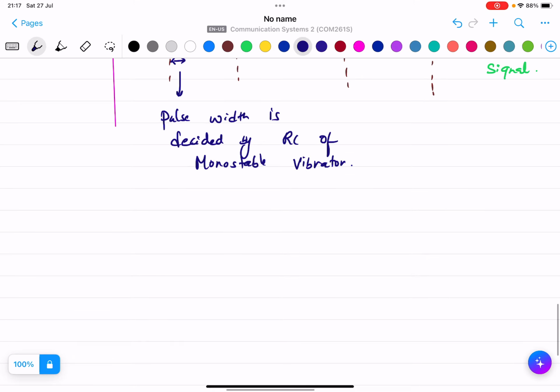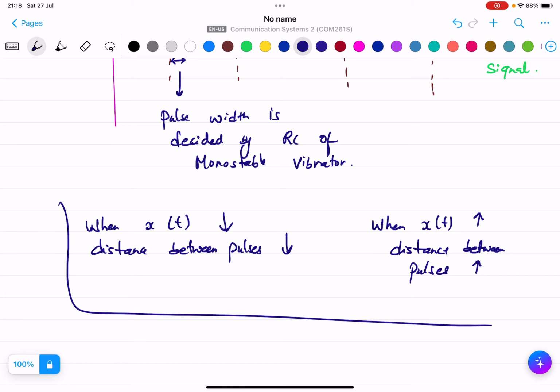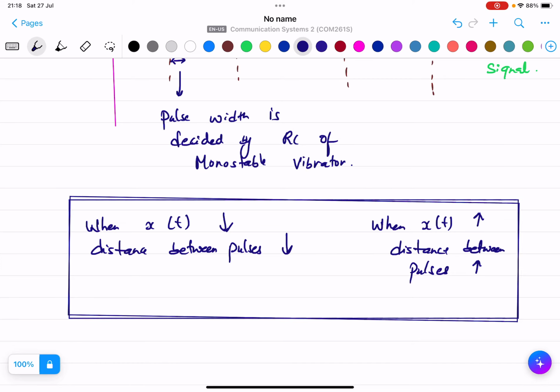So remember, when x(t) is low, the distance between pulses is low. When x(t) is high, the distance between pulses is high. You need to remember this.